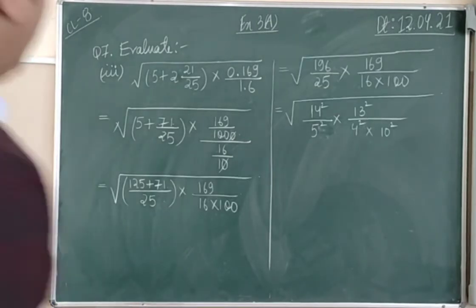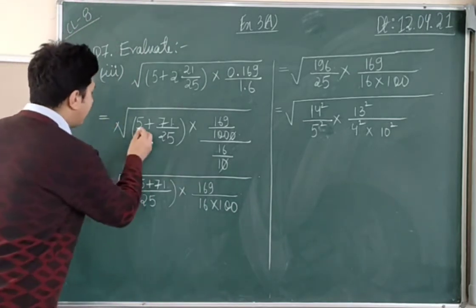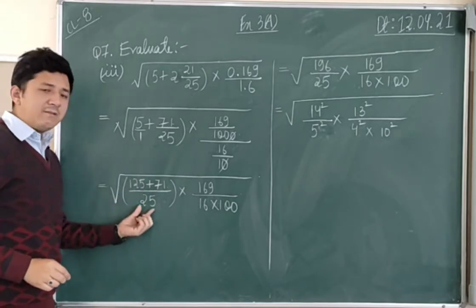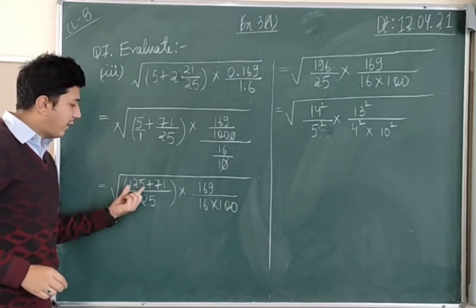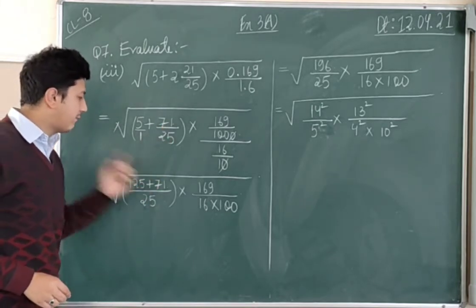Alright, so if I take the LCM, it is 25, so this is divided by 1. 25 is the LCM: 25 into 5 is 125, plus 1 into 71 is 71.